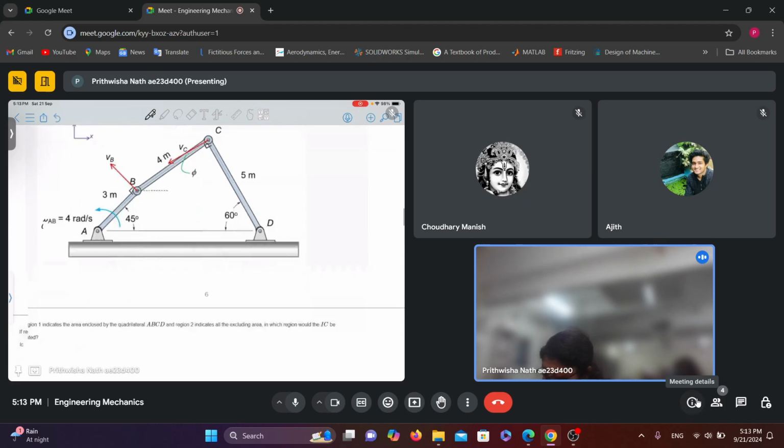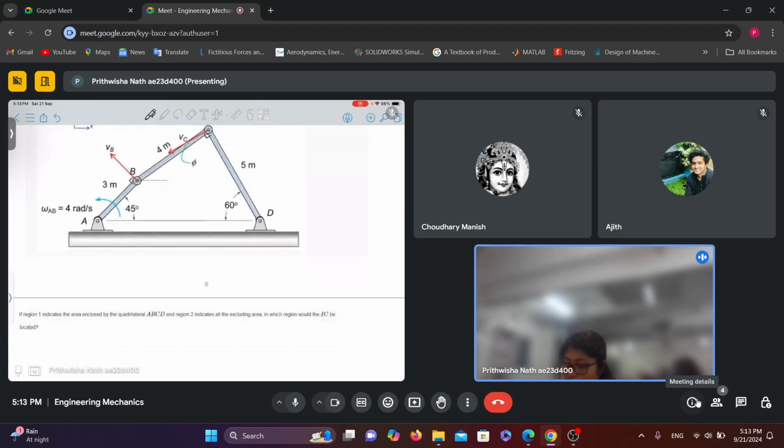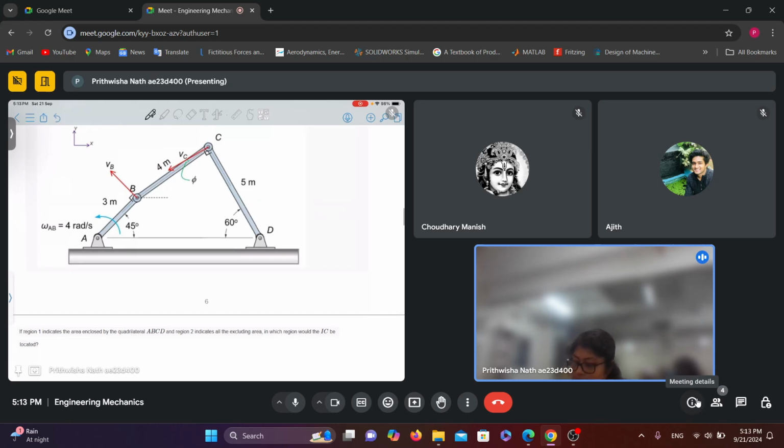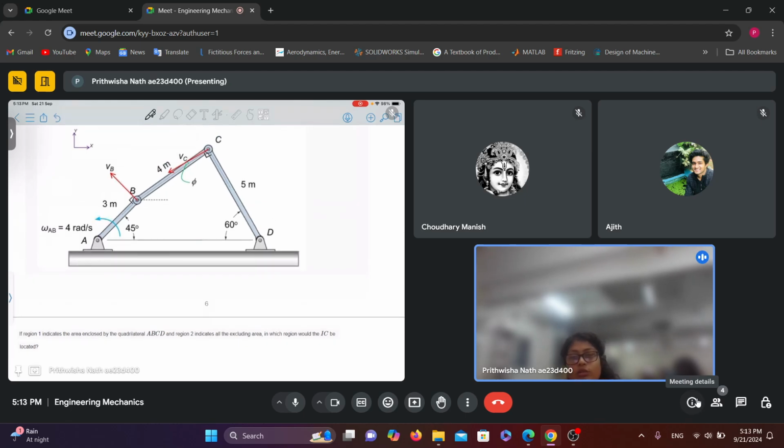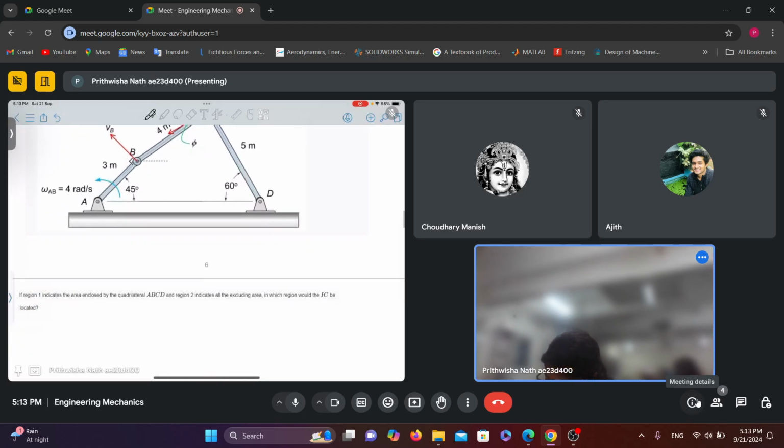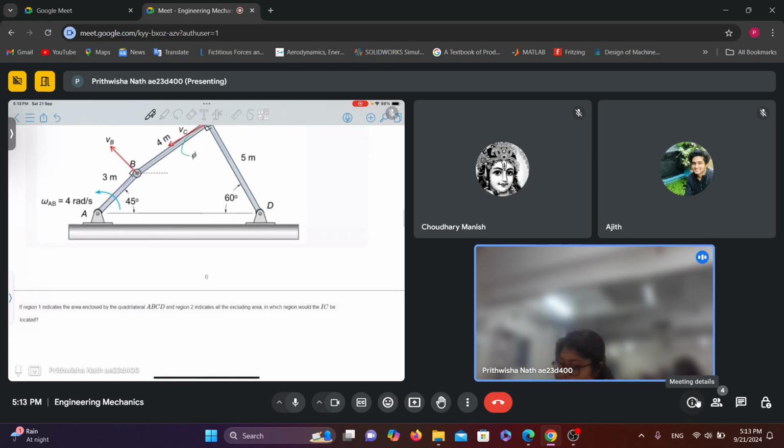For this problem, you need to find out the location of IC first. First, you need to locate the IC. So, can you do it? Can you tell me where the IC is located? Is it inside the quadrilateral or outside?